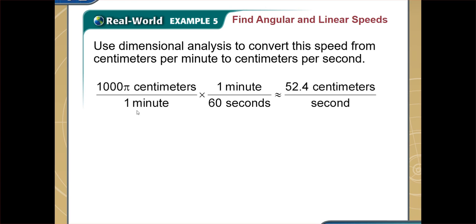So we have 1000 pi centimeters per minute, and each minute is 60 seconds. Now you can see that the minute unit is gone, so we end up with centimeters per second. It's about 52.4 centimeters per second.